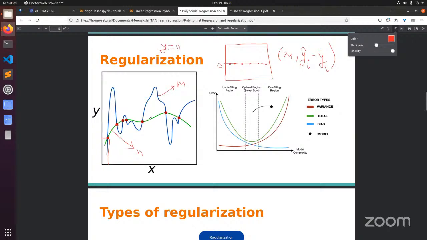Nearby values don't change very fast. Correct? The point here on the blue curve has this high value, but on the green curve it has a value very similar to the previous value. So the nearby points do not have a very large change. That's why you chose the green curve, right? Everyone is with me on this point?